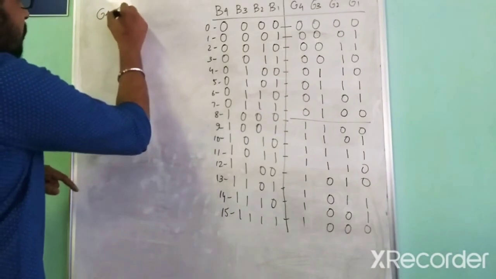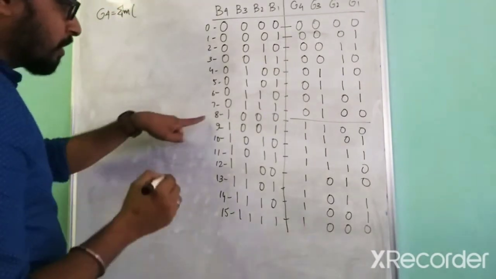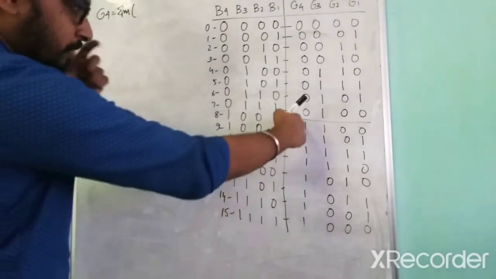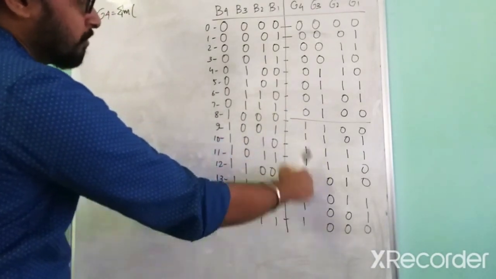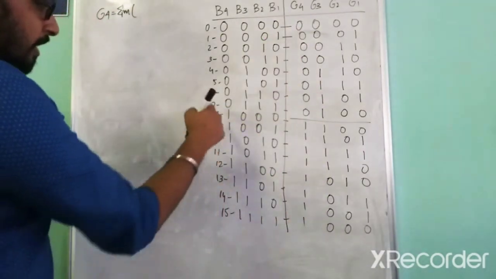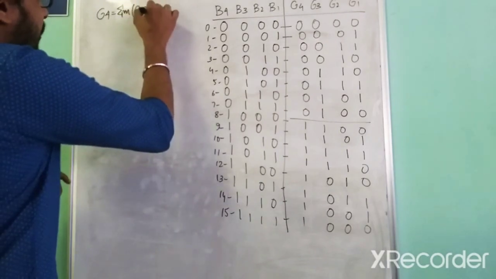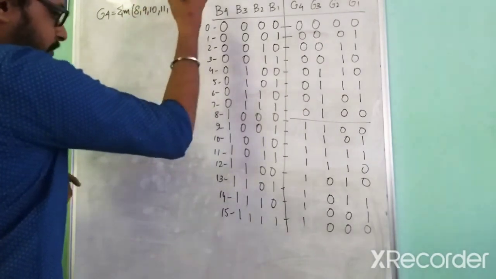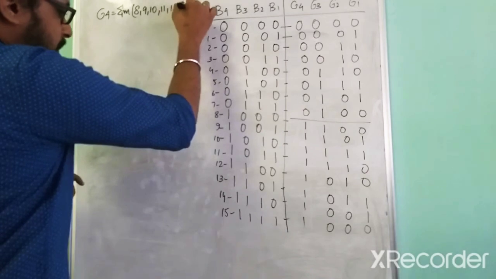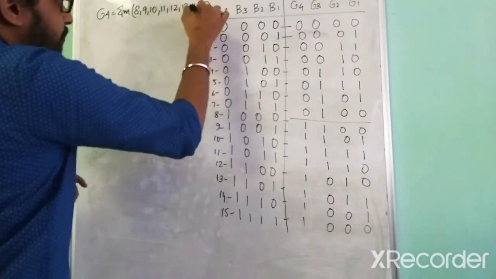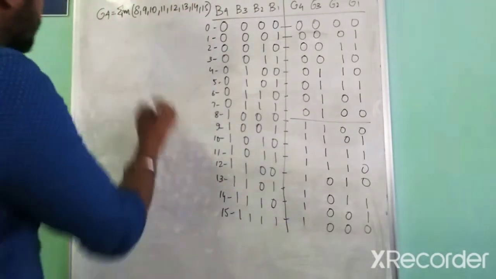So we have sigma m. What are the min terms when the value of G4 is 1, and the rest are zeros? 8, 9, 10, 11, 12, 13, 14, and 15. Next one is G3.